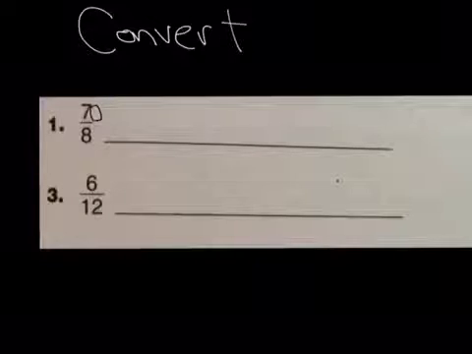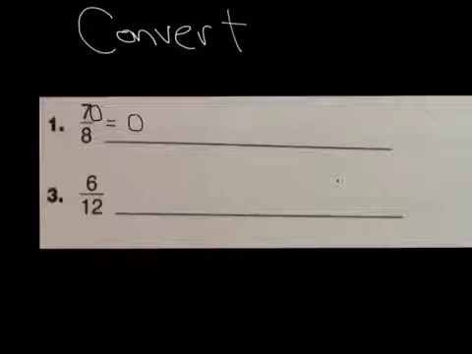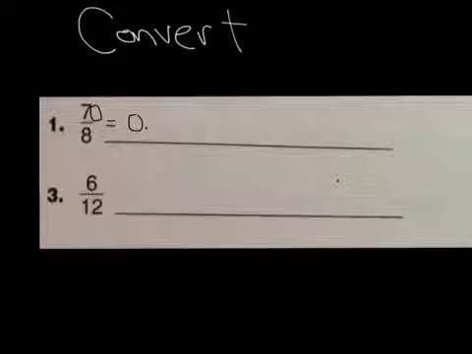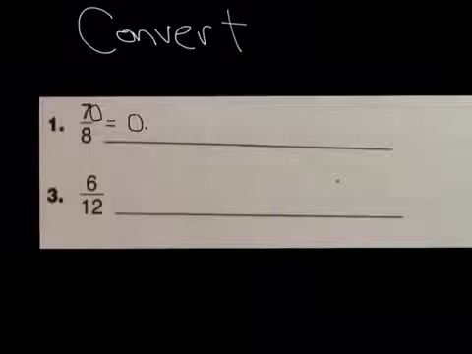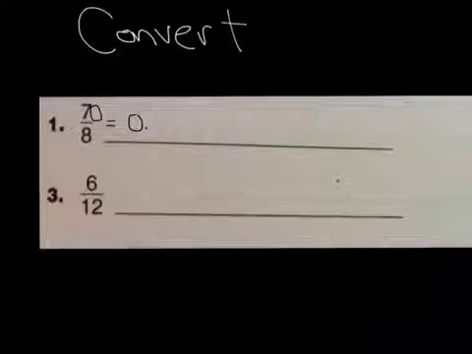And as soon as you turn it into 70, you must write 0 decimal, because you know it's going to be a decimal. It's not going to be a whole number. So what's the closest I can get to 70 when multiplying by 8? I can do 8 times 6 is 48, and then 8 times 7 is 56.